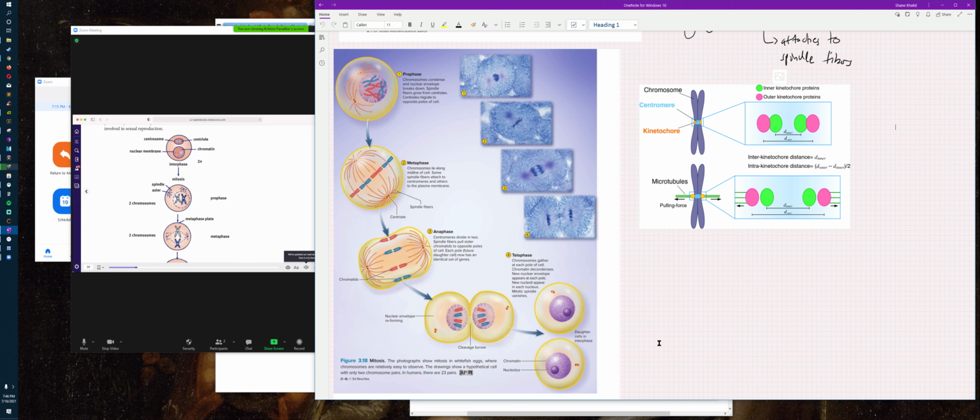What exactly are these dashed lines then? Oh, those are the spindle fibers. I don't know why they use dashed lines, because if you look at the top, there's a completely closed line for the nuclear membrane, right?